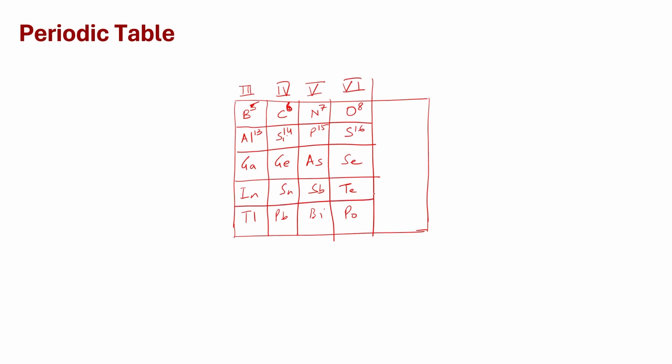So, let us just focus on these 4 columns. Here the important ones that we consider for semiconductors are, so we can just write the numbers 31, 32, 33, 34, and for this we can write 49, 50, 51, 52, and here we can write 81, 82, 83 and 84.